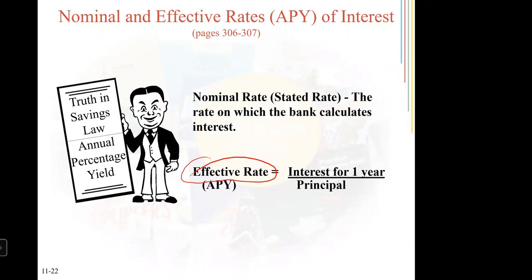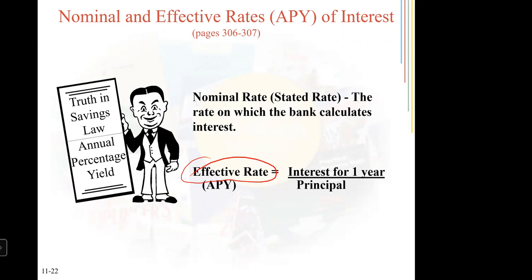Oftentimes, companies and financial institutions will state the effective rate, but they'll put it in fine print, so that it cannot be said that they didn't fully inform you of the effective rate. So effective rates sometimes vary, and the reason is because sometimes in the calculation, the amount that you receive is different from the amount calculated using the stated rate.